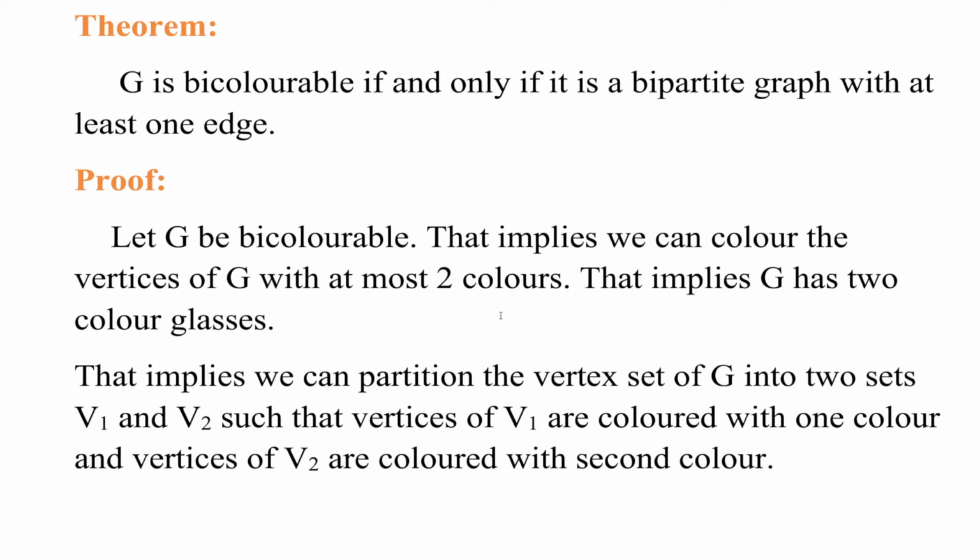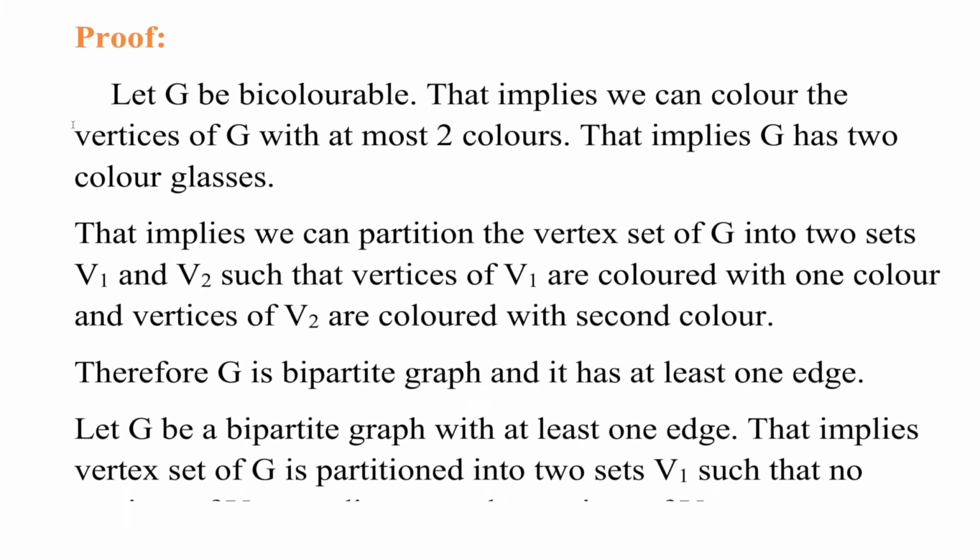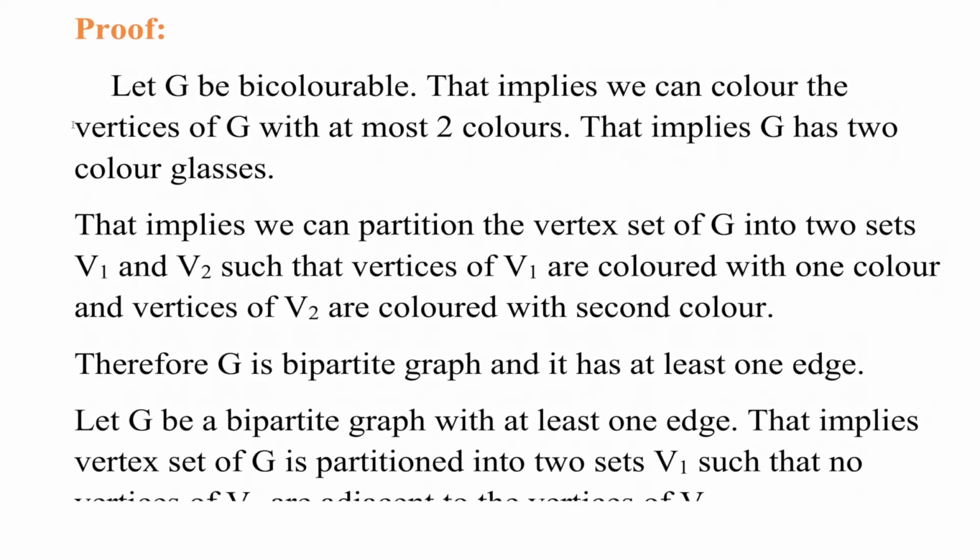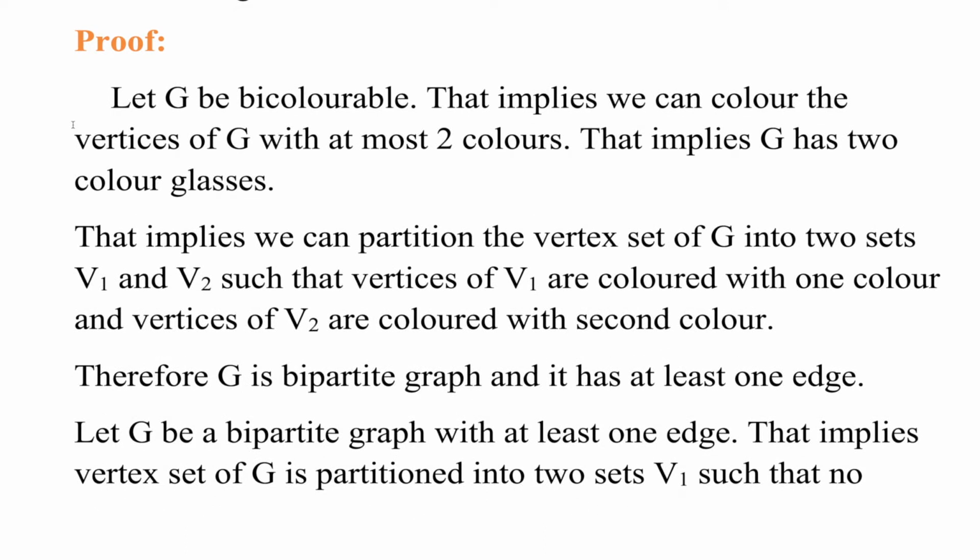The statement is: G is bicolorable if and only if it is a bipartite graph with at least one edge. We shall see the proof now. Let G be bicolorable, that is, we are assuming G to be a bicolorable graph. That implies we can color the vertices of G with at most 2 colors. That implies G has 2 color classes.